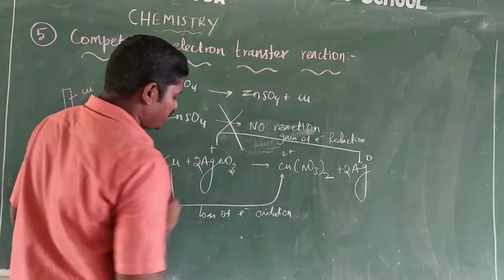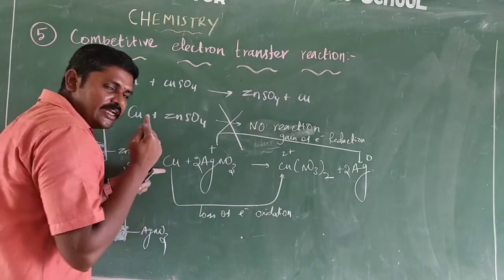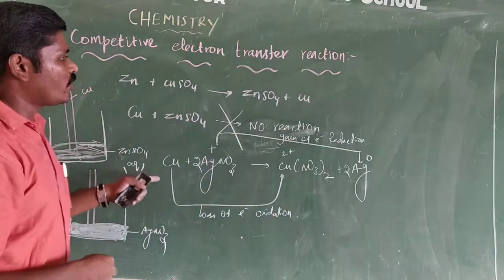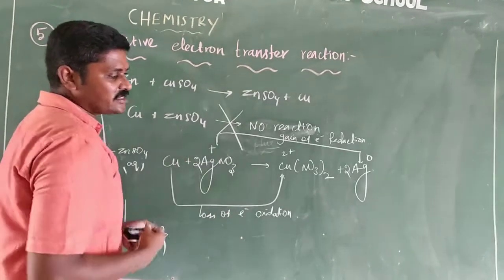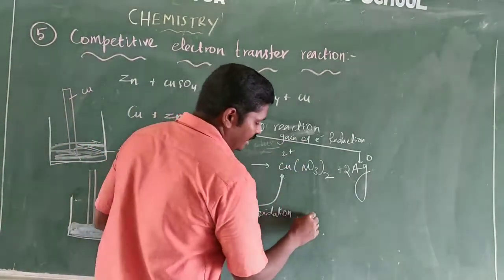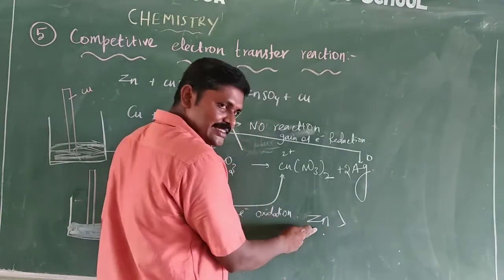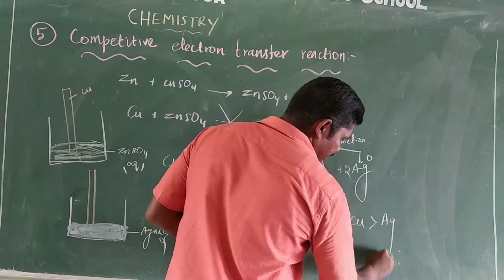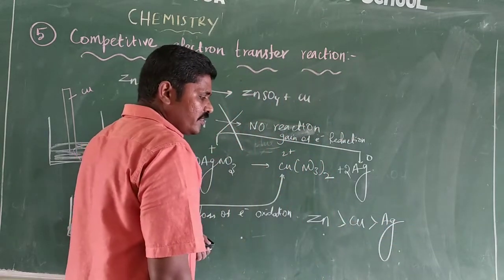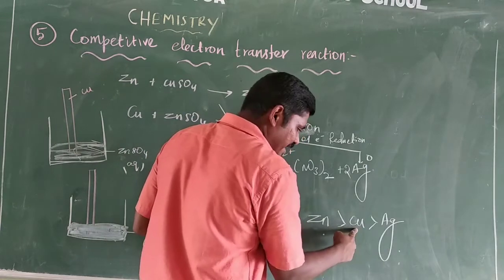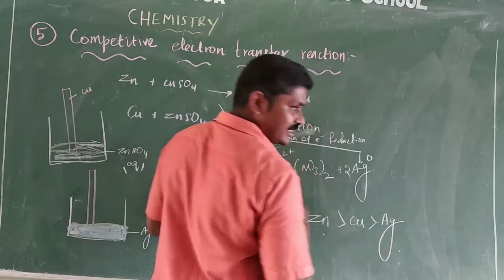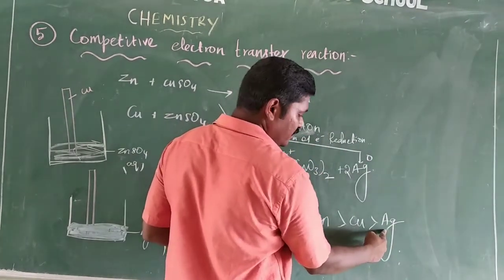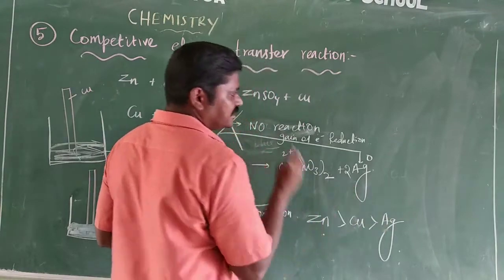In this reaction, copper has more tendency to release electrons than silver. So in these three metals, zinc releases electrons more than copper, and copper more than silver. The electron releasing tendency of copper is less than zinc and more than silver. The electron releasing tendency of silver is less than copper and zinc.